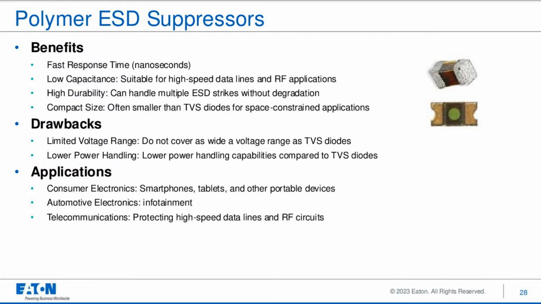This technology also has low leakage current, less than 0.1 nanoamps, and due to its small size is ideal for applications such as consumer electronics, infotainment, and for protecting high-speed data lines due to its low capacitance. Small size results in a more limited voltage range compared to TVS diodes, particularly in terms of clamping voltage and lower power handling.